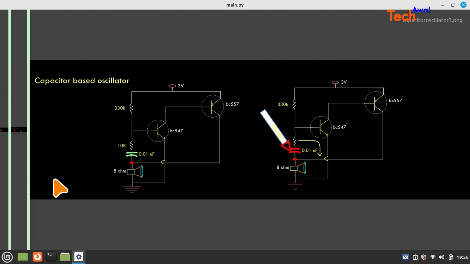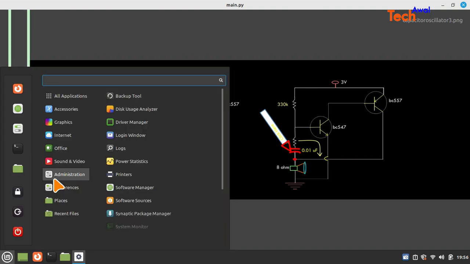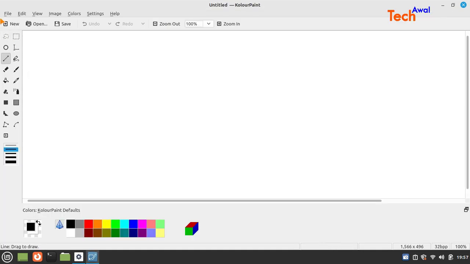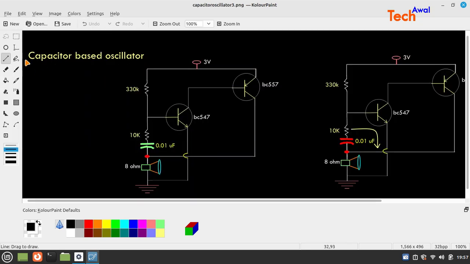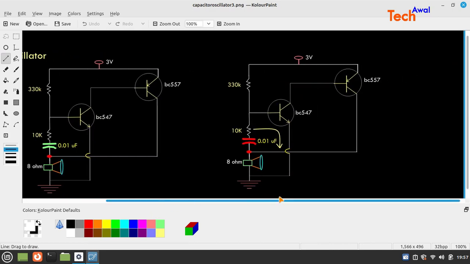So it would behave like a kind of current going up and there is no current, current going up and there is no current. So we can think like, probably we can draw it here.